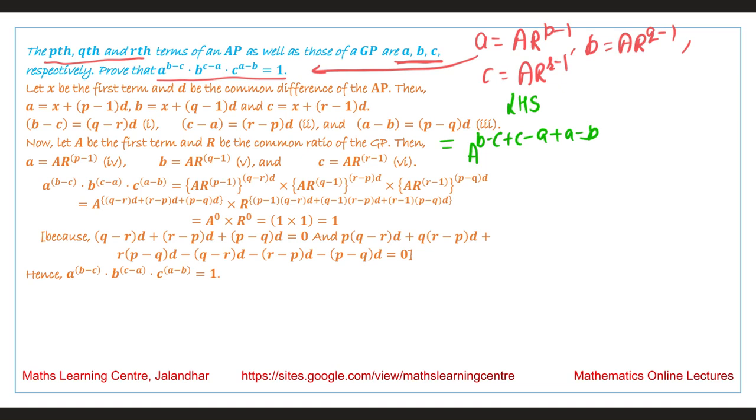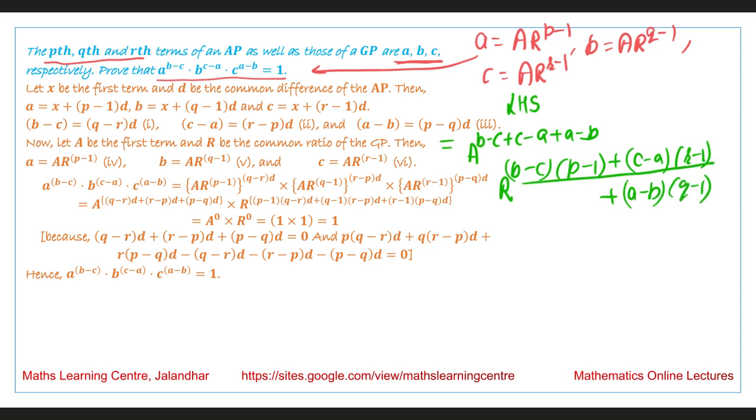From the first, second and third term we will obtain this, and the powers of r that we will have are b minus c into p minus 1, then plus c minus a into r minus 1, and last is a minus b into q minus 1. And when you multiply all these terms, open all these terms, the answer you will obtain is equal to 1, and this is what we have to prove, and this is equal to the right hand side of this equation.